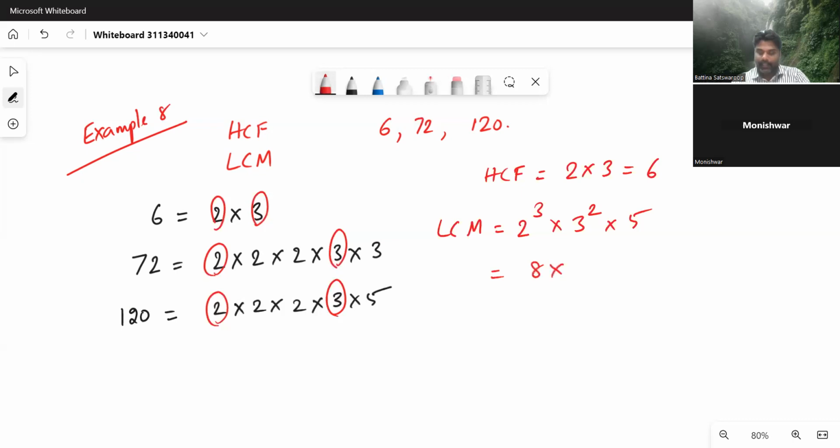So this is 8 into 9 into 5. 72 into 5, that is 360. Right, sir? Yes. Monishwar, are we clear? Yes, sir. Very good. Fantastic.